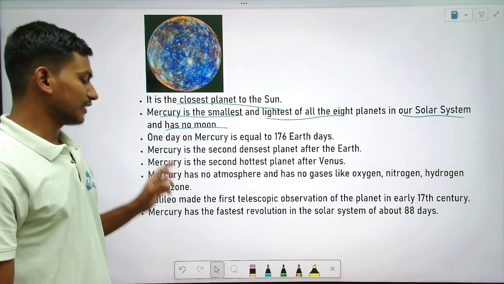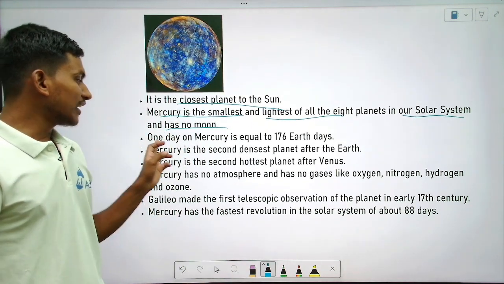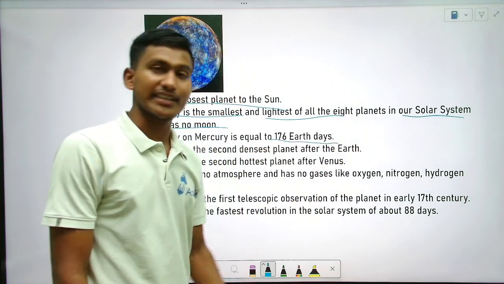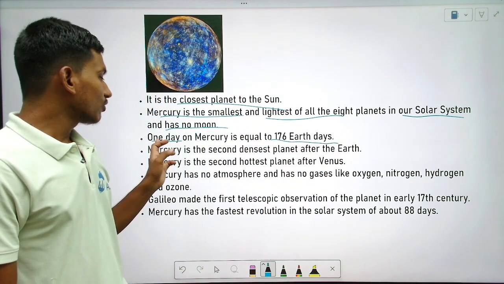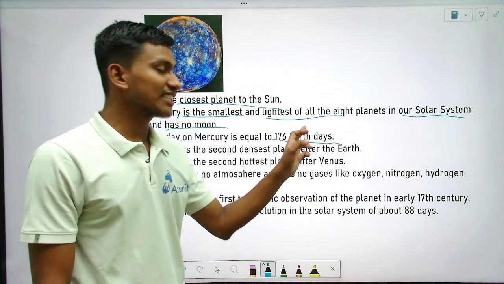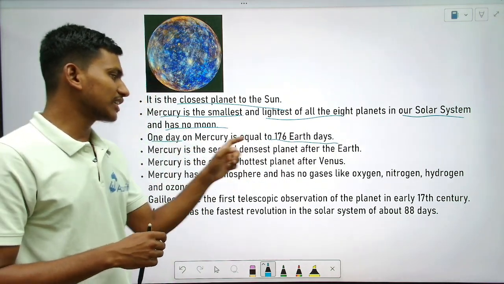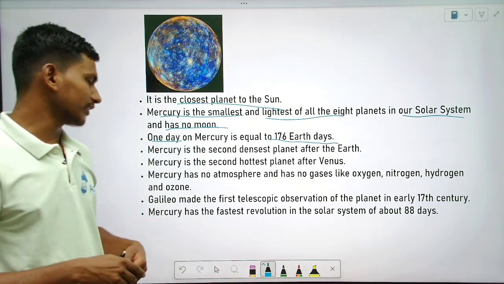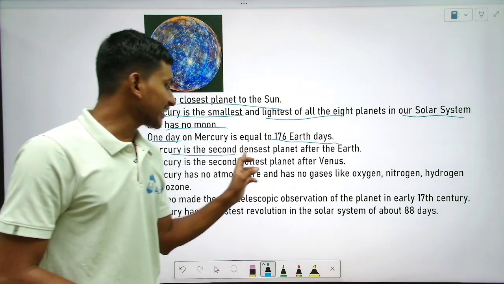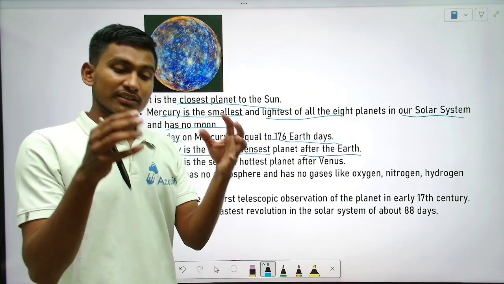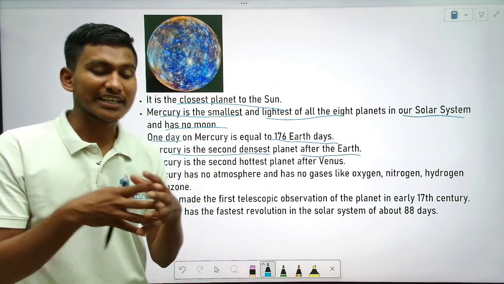Okay, so next point, one day on Mercury is equal to 176 earth days. So one day on Mercury is 176 days on the earth. Mercury is the second densest planet after the earth, that is the material is very tightly packed.